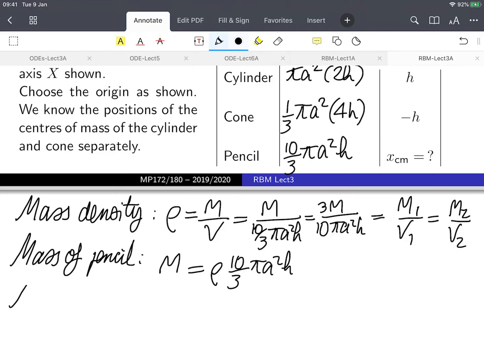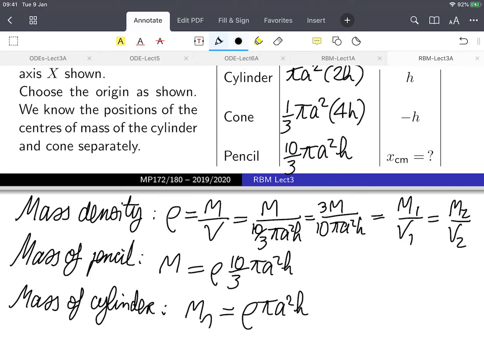Mass of the cylinder, M1, is going to be rho times V1. And V1, I have it on top there: pi a squared times 2h. I'll write it here: 2 pi a squared h.